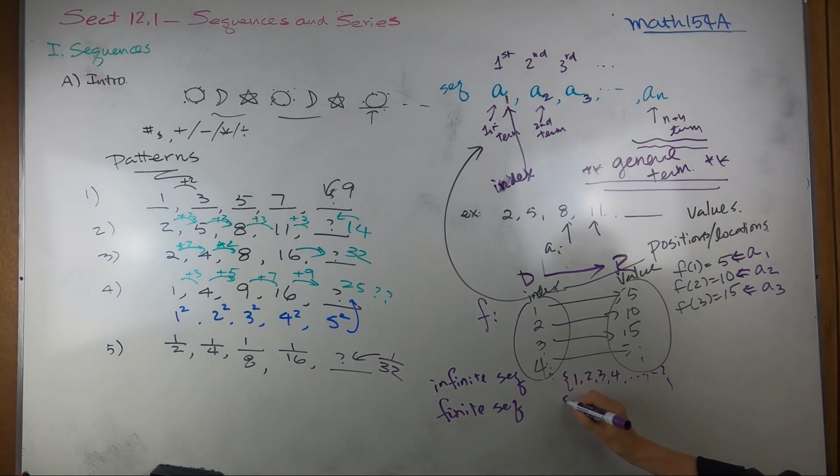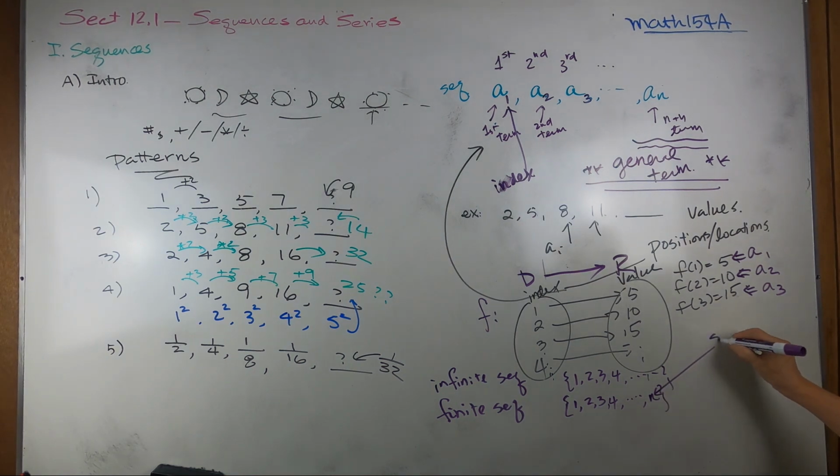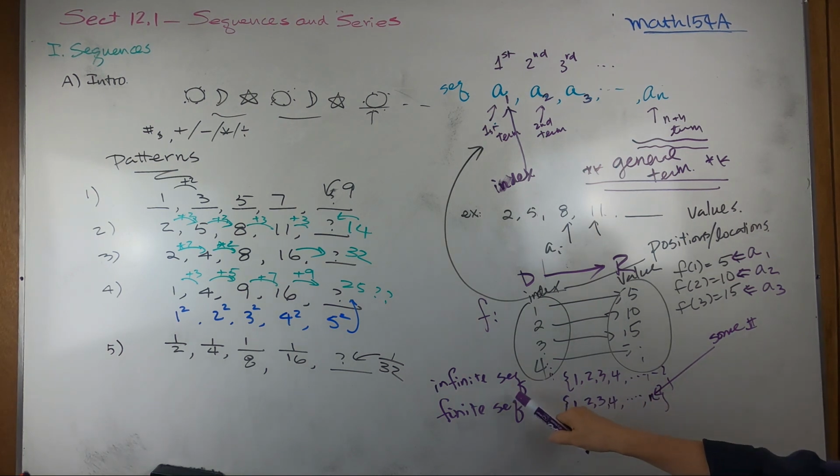For a finite sequence, we use this. We say 1, 2, and finite means it stops somewhere, stopped by n. When we write the ending number, n means a particular number. It can be 5, can be 10. n is some number, but it will stop. An infinite sequence will not stop.